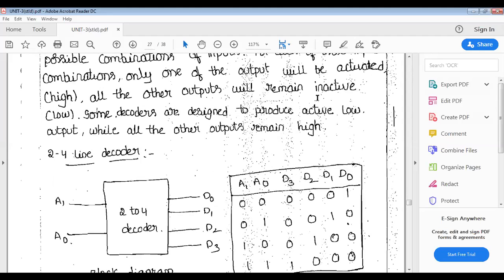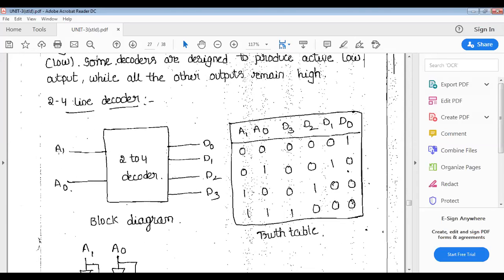Some decoders are designed to produce an active low output, while the other outputs remain high. Let us see here. I'm taking 0 0: D0 is high, the remaining are all zeros.